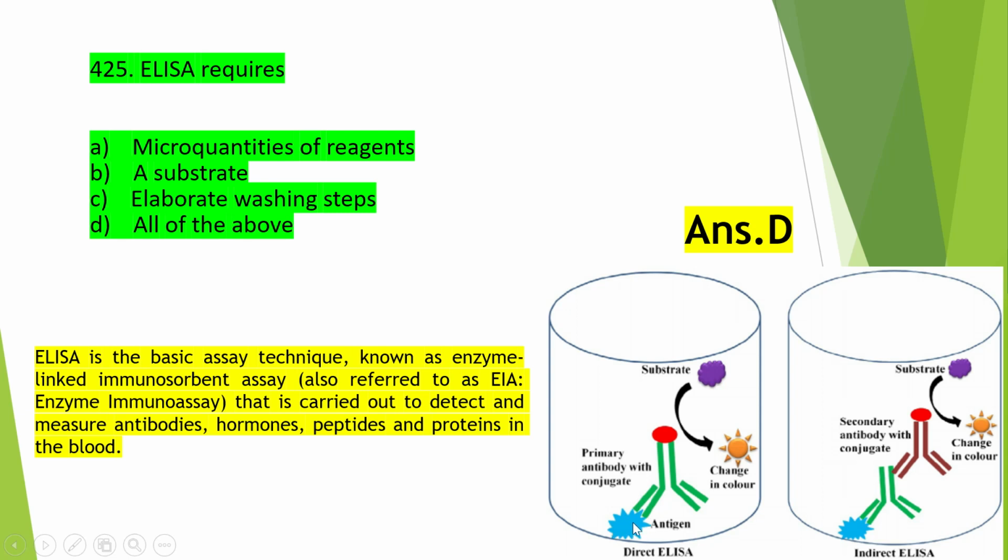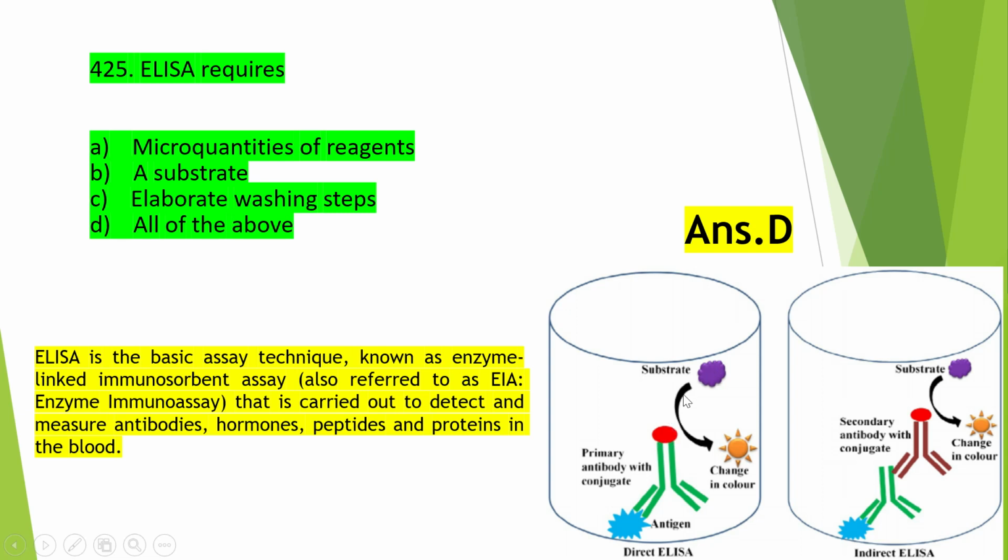So here, what is the main procedure? At first this is the antigen, which is our main interest. We detect this by adding a particular antibody against it, and this antibody is attached with an enzyme component.